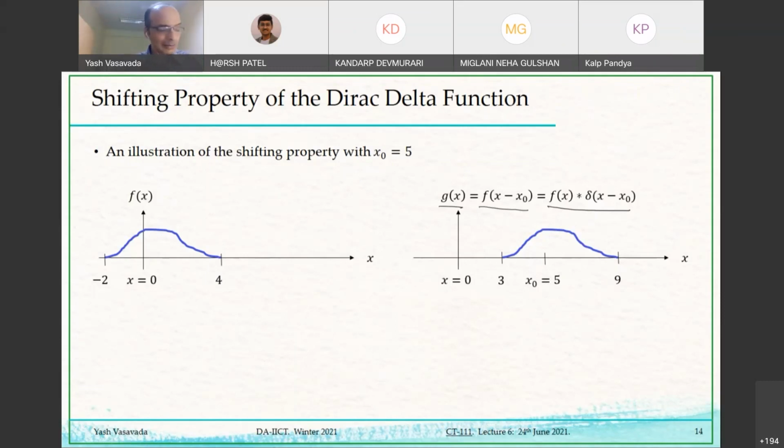And why convolution of f of x with delta of x minus x naught gives you this, you can prove by using the formula of convolution and the property of the delta function. We won't get into the proof.